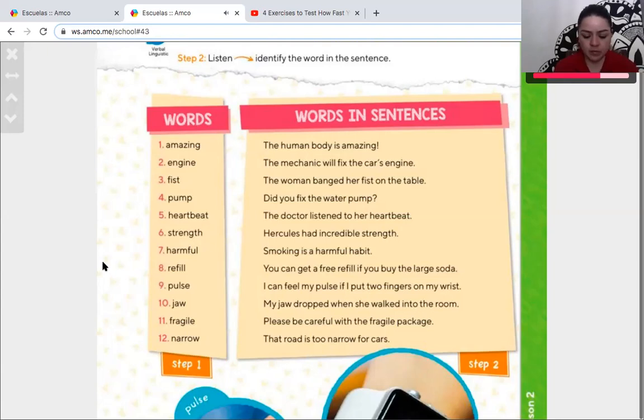Hercules had incredible strength. Engine. The mechanic will fix the car's engine. Fist. The woman banged her fist on the table. Pulse. I can feel my pulse if I put 2 fingers on my wrist.